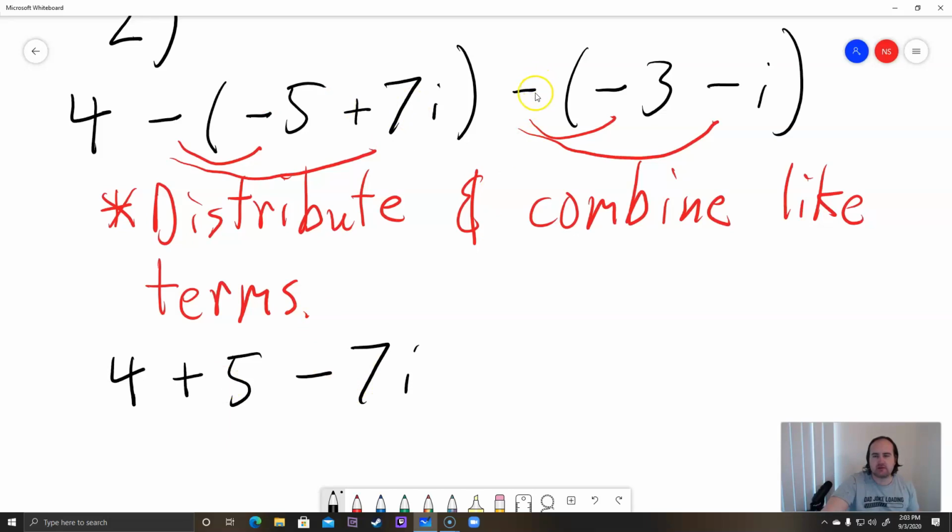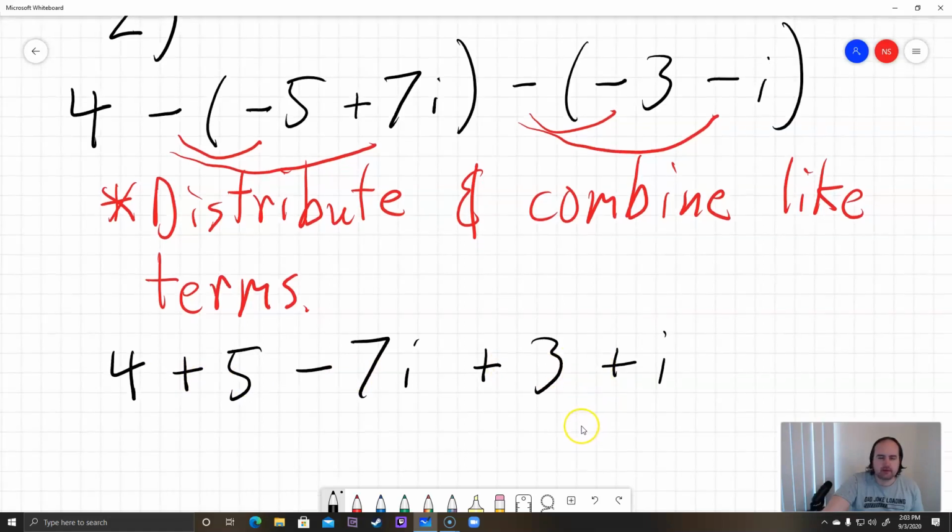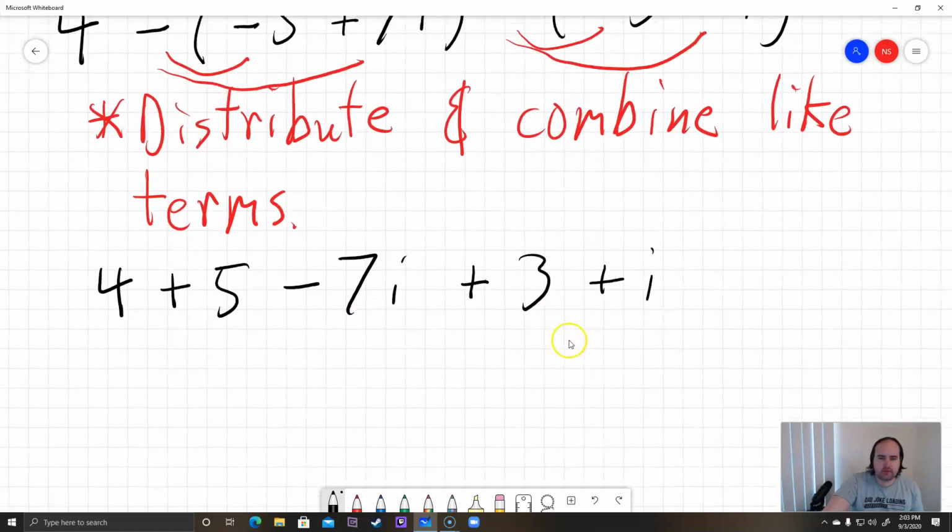And then we also have to distribute the minus over here. So switching those two minuses, those are both going to be pluses now. So we're going to have plus 3 and plus i. Okay, so we have 4 plus 5 minus 7i plus 3 plus i. So that was the distribute part.